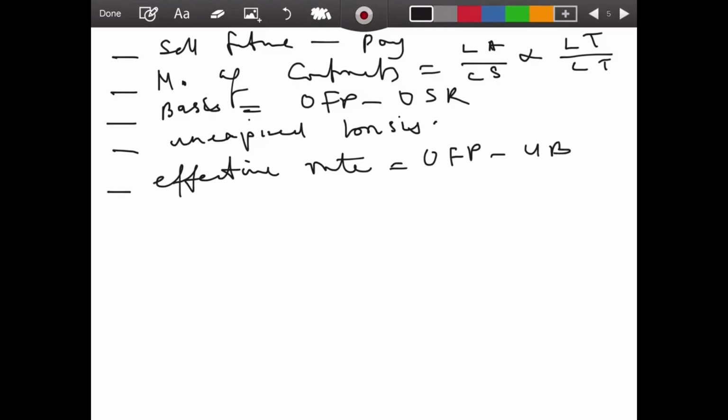That is the summary of interest rate futures. So any question on interest rate futures, this is a summary of how to solve such a question.